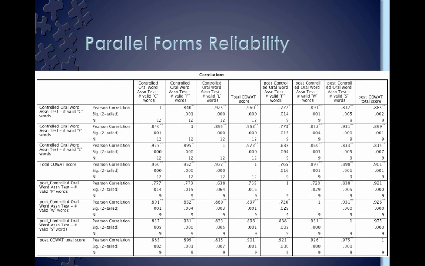And again, when we're thinking about reliability, we want to ask ourselves, are these two forms reliable? Are they equivalent? Yes or no? We are going to use Pearson's correlation coefficient, or reliability coefficient, to help us answer yes or no by comparing this 0.901 to our threshold.